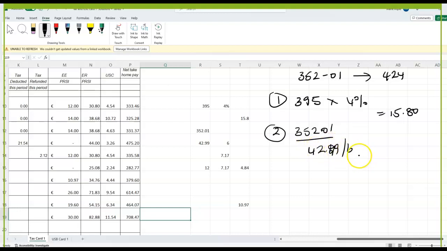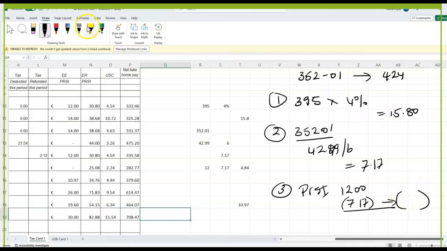We're dividing that by 6, and that's going to give 7.17. The third step is to take the PRSI credit of 12, reduce it by 7.17, and the remaining portion, 4.84, is what we're going to use to reduce this original charge. That gave a final figure of 10.97 overall.